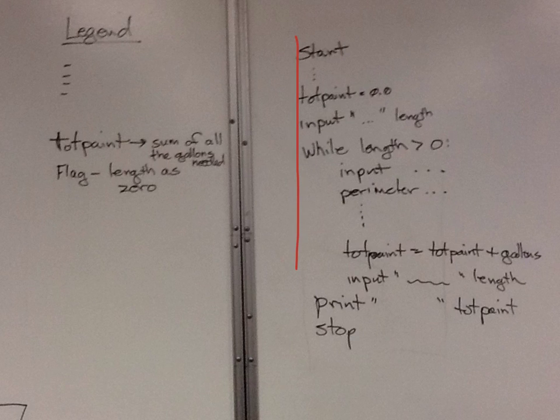Of course, we're going to give you the pseudocode. This is pretty close to Python. We've got a start and a stop, and we've got some lines, and then we initialize the paint and input the length. While length is greater than 0, I've got my colons, and then it's going to perform everything that's indented.